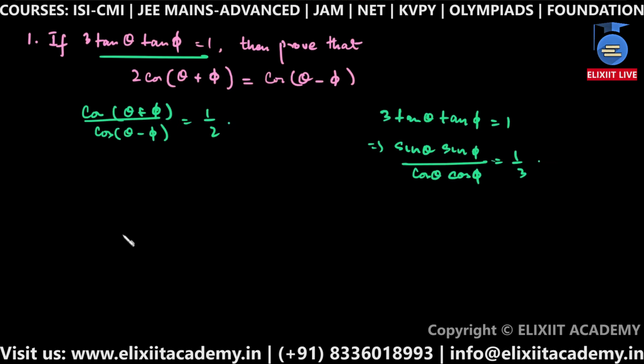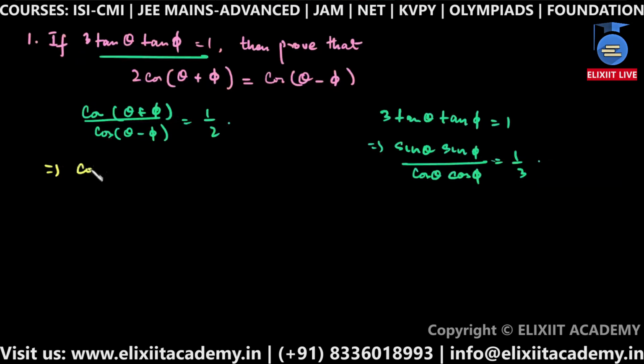Okay, because all the things on the left hand side are in terms of cos, and after we break this into the formula of cos(a plus b) and cos(a minus b), it will still remain in terms of sine and cos. So it is better to bring this into the format of sine and cos. Now we break this using cos(a plus b) and cos(a minus b). Cos(a plus b) is cos a cos b minus sine a sine b.